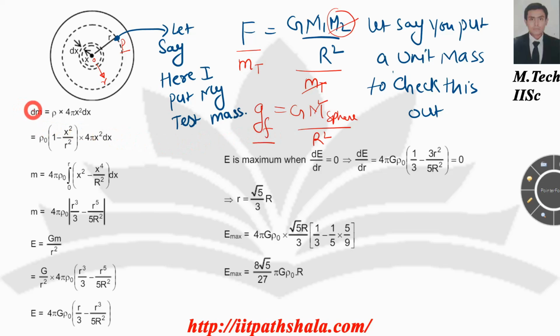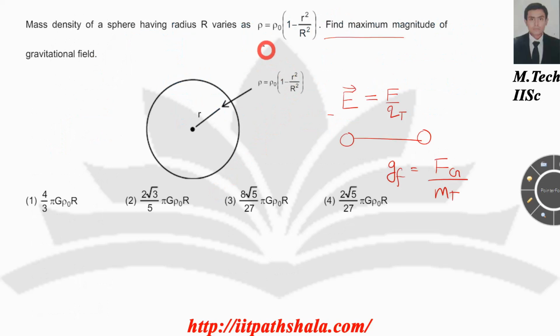So I have this small shell of strip dx over here. I've written the expression, I'm calculating the mass, ranging it from 0 to r. I've been given the density itself.